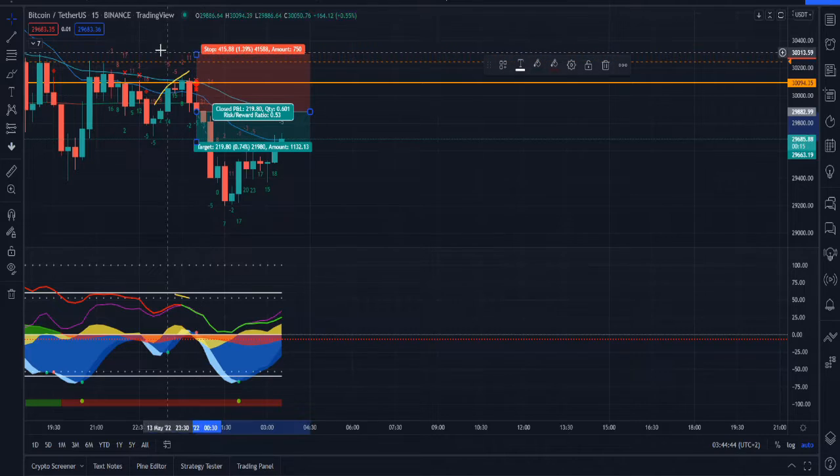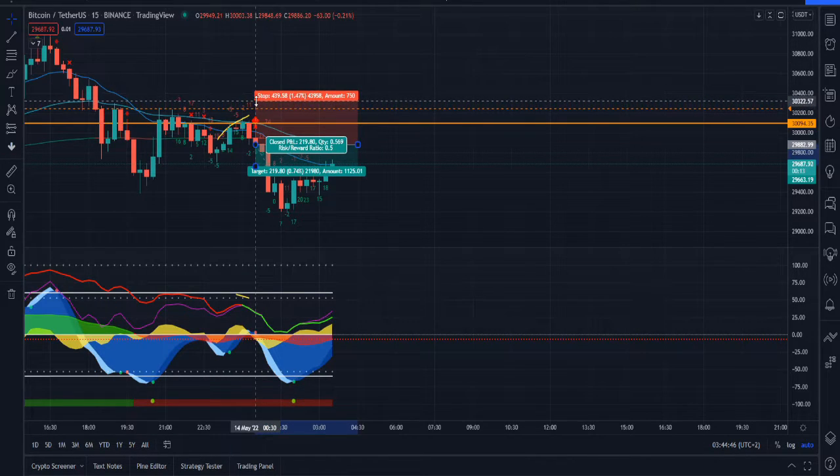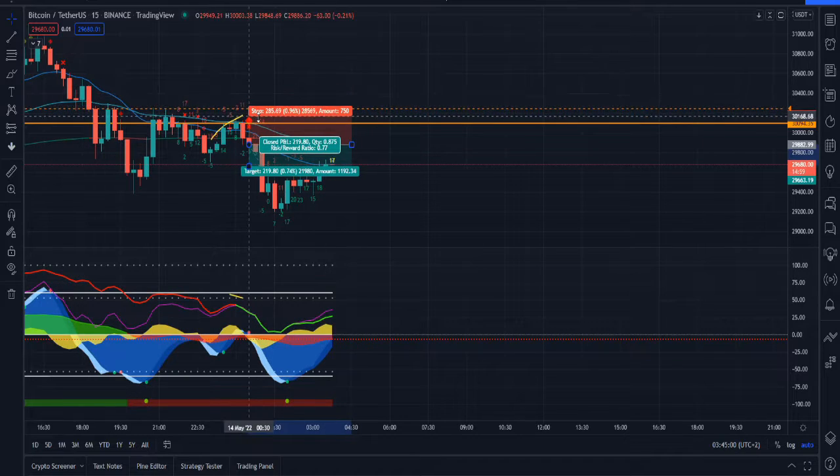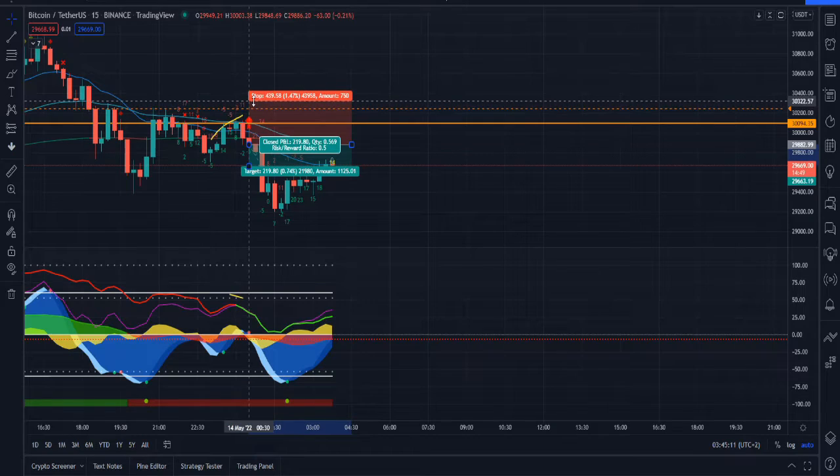But normally you would put it like here, maybe here. It's up to you how much wiggle room you want to give your trade, how much space you want to leave. But it has to make sense. If we come back above this line, your trade is invalid. So you have to put the stop loss somewhere here, right?